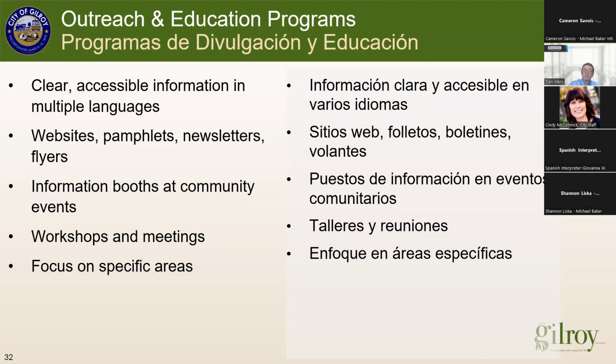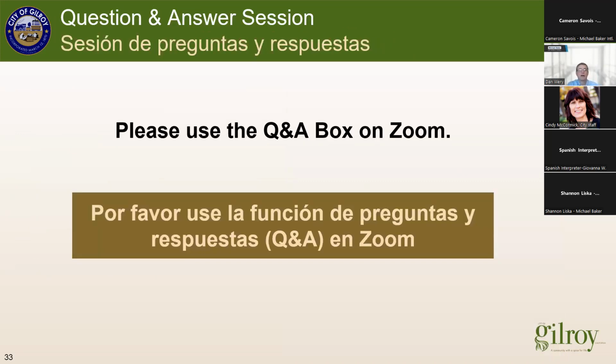Then we can focus on specific areas or groups, and a good way to do that is through community-based organizations, working with the churches and the schools and different organizations that people trust to provide information. So we try to hit all of those prongs. It's one of the reasons we asked you how you found out about tonight's workshop.